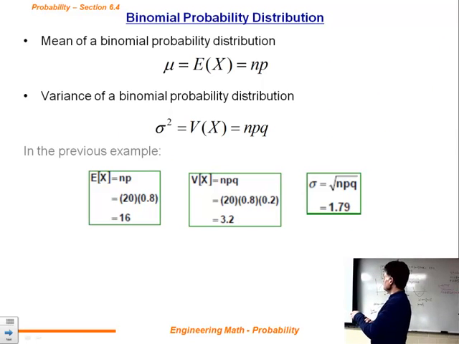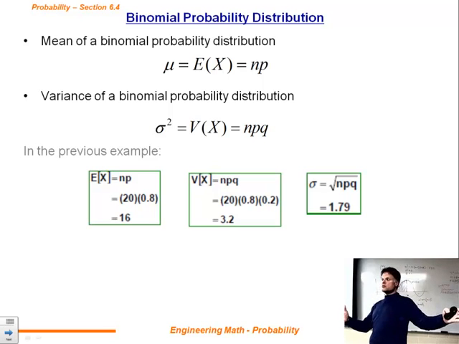Binomial probability, so nothing more technical now. The mean of a binomial distribution is just the number of trials times the success probability. So you take the probability of success per trial, multiply that by the number of trials, and that's the expected number of successes.